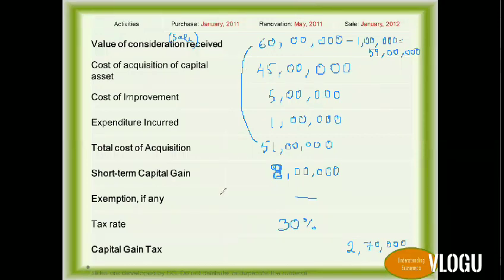And if we consider the 8 lakh as the short-term capital gain, then applying the 30% tax rate, the short-term capital gain tax will be 2,40,000 rupees. So when we are considering the brokerage on the selling side, we can see that the capital gain as well as the capital gain tax declines.